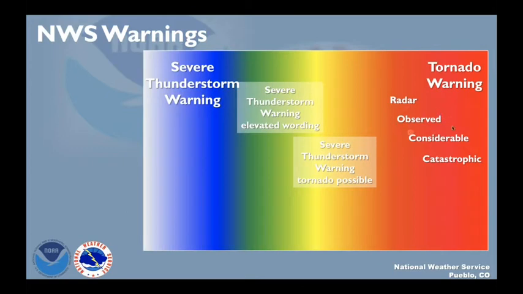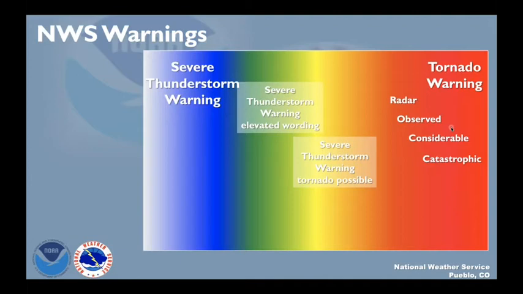Whereas if we get a spotter report saying that there is a tornado on the ground, we can update the words to say observed, and that's incredibly important because it shows certainty. And when this goes out to our broadcast partners, they can say there's a tornado on the ground instead of speculating that there probably is a tornado on the ground.